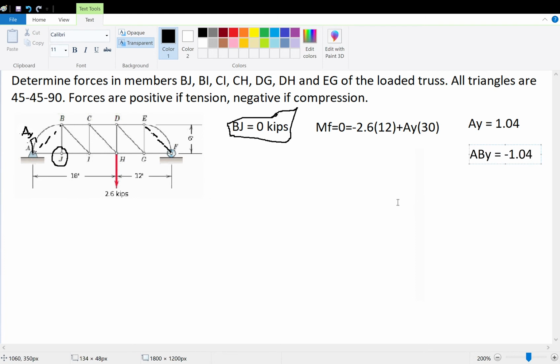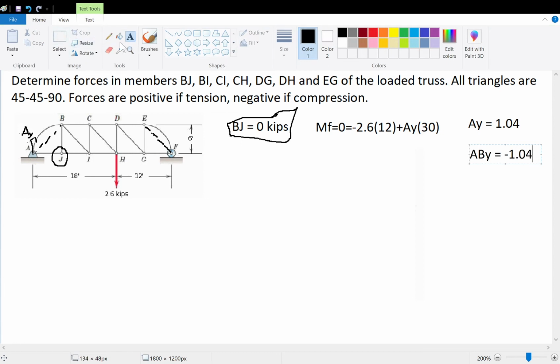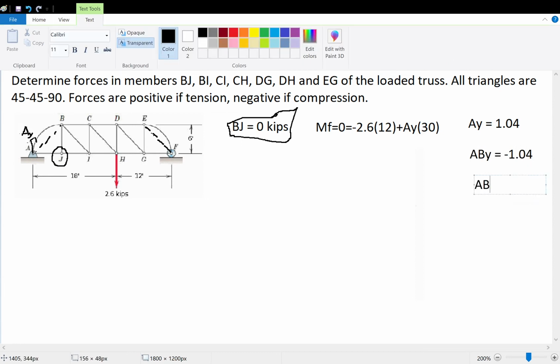And since they are all 45-45-90 triangles, you can just use trigonometry, like cosine or sine of 45 degrees, which is essentially the same thing as using the root 2 factor. You multiply by root 2 to get the hypotenuse of AB, because right now you've only got the vertical component, and you will get that AB is equal to negative 1.47.